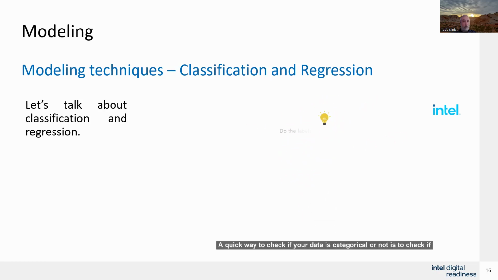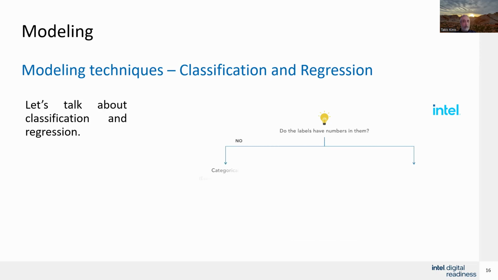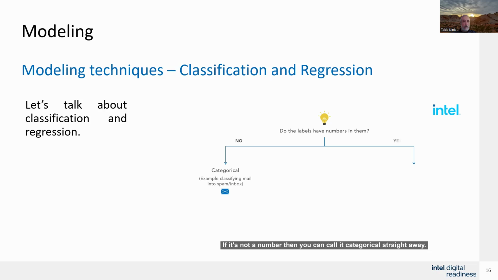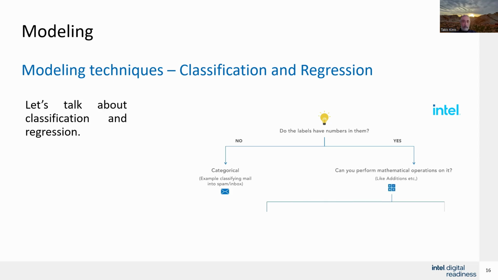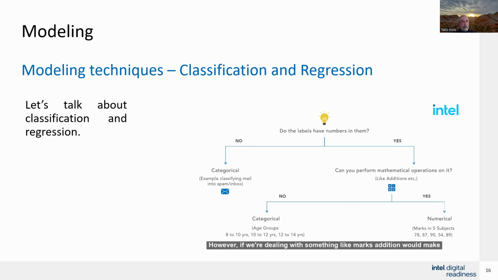A quick way to check if your data is categorical or not is to check if the label is a number. If it's not a number, then you can call it categorical straight away. However, if it's a number, make sure to check whether any mathematical operation can be performed on it. For example, if you are dealing with a label like age groups, then you will notice if you try to add them up it does not make sense. However, if we are dealing with something like marks, addition would make sense, and hence marks are numerical in nature.